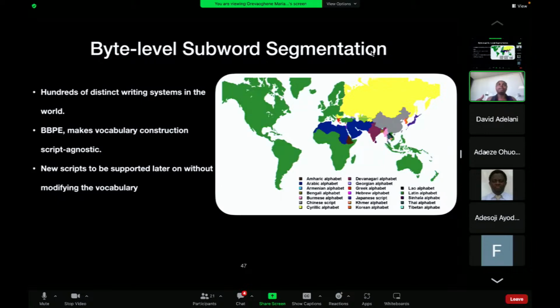So you can decide to train your model on English and then test later on Amharic. It doesn't necessarily translate to better quality. It just means that the model can process it, which is not possible with word level tokenizers, where you train on one language and test on another language's script, or even with plain BPE that's based on characters or Unicode.